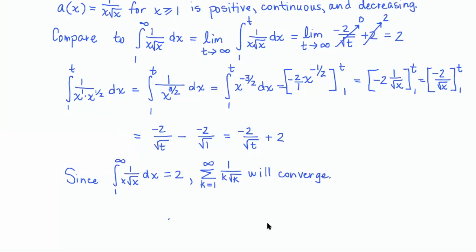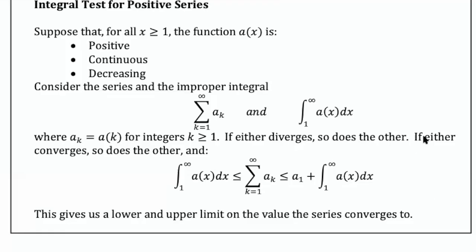Now, we're ready to use the second part of the integral test. So we said if either one of these converges, so does the other. And here's a formula that you can use to bound the series, give it a lower limit and an upper limit for what the value that it will converge to will be.